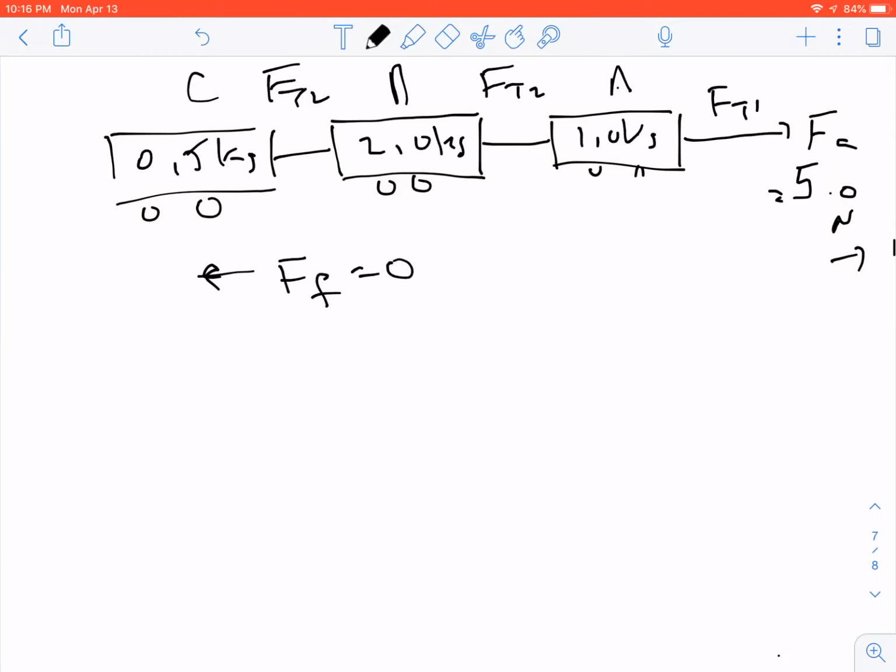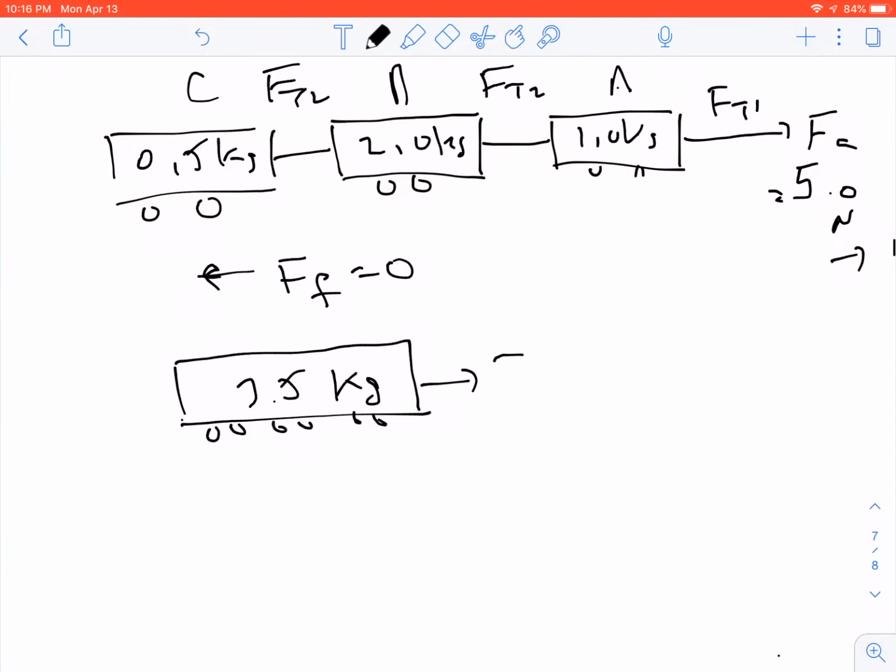In other words, all it's doing is connecting one object to another and transferring the force from one object to another directly. So when I pull on the first string, T1, with my applied force, I'm pulling on this toy, I'm pulling 3.5 kilograms. I'm pulling the whole toy. So if I was to draw a free body diagram here, I have the entire toy, which has a mass of 3.5 kilograms, and there's only one force that's working in this plane.